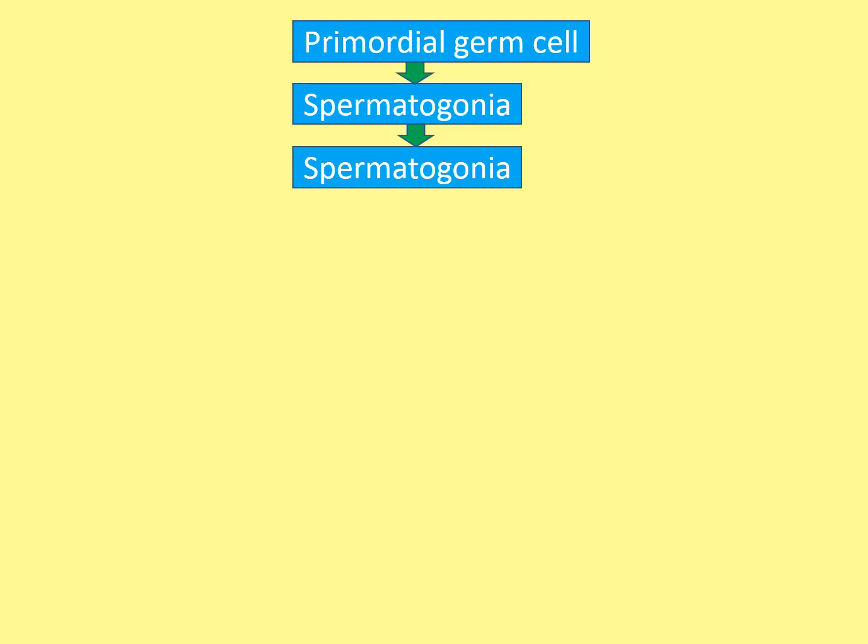starts dividing mitotically. They have a high capacity for cell division and they generate daughter cells, spermatogonia type A and type B, having chromosomes similar to the parent cell, and this process is known as spermatocytogenesis.